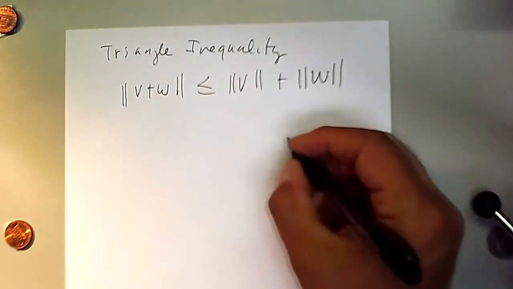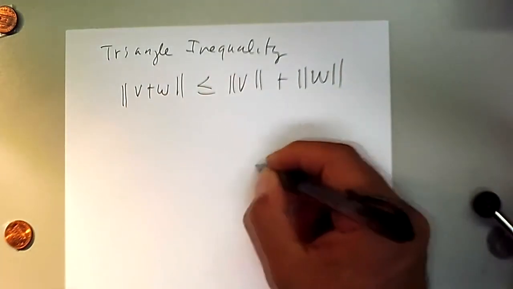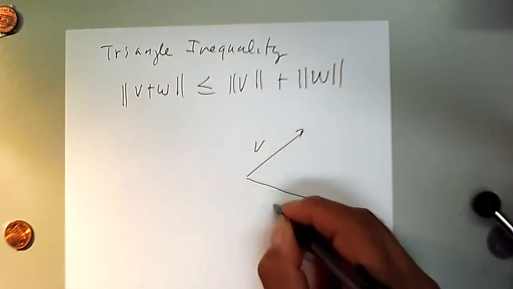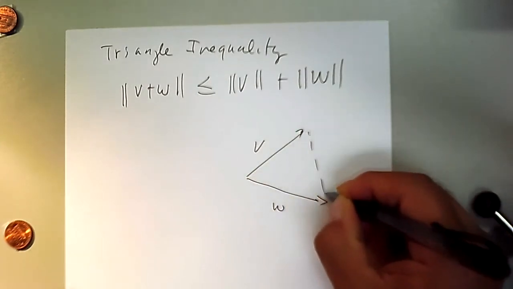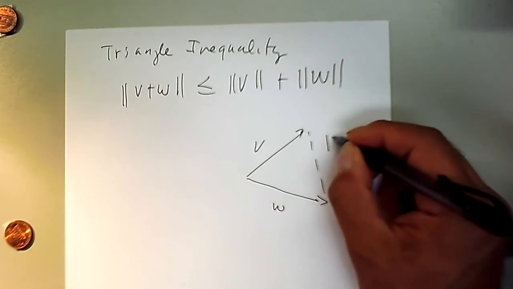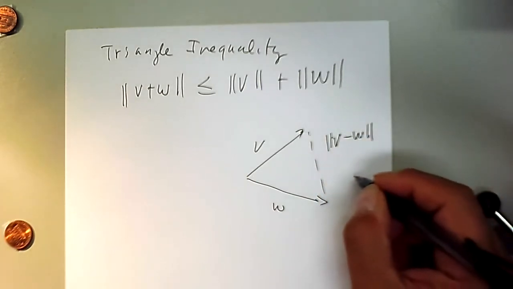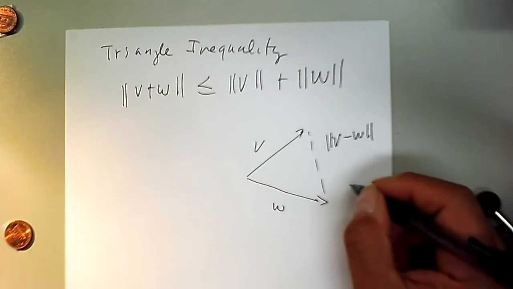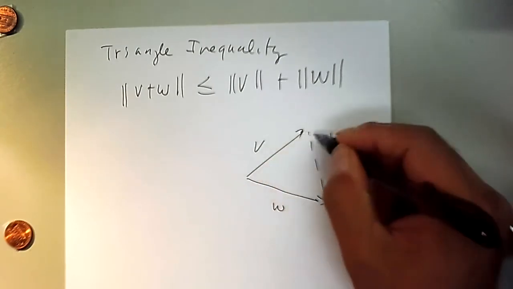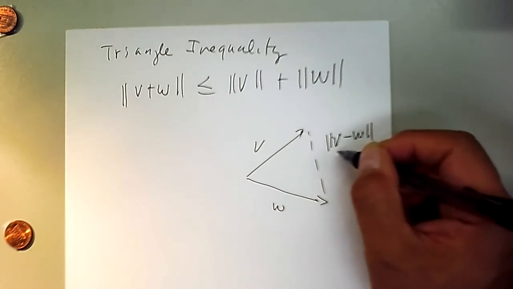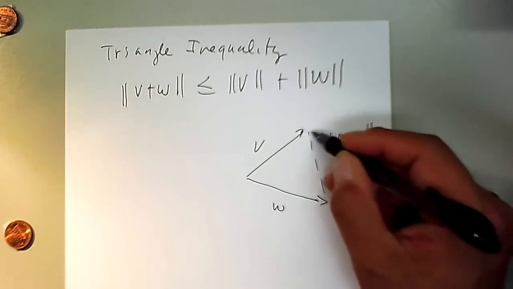And this is due to just a plain fact of geometry. If you have V and W, this length is the magnitude of V minus W. And this forms a triangle, a geometric triangle on the plane. So how long can this be?